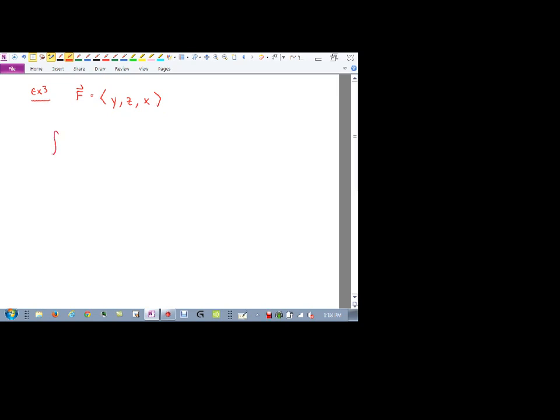That means the formula I'm going to use is this one, which is the double integral over D of F dotted with the cross product of the partials of my surface, dA.